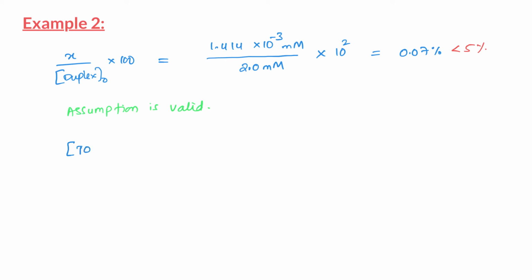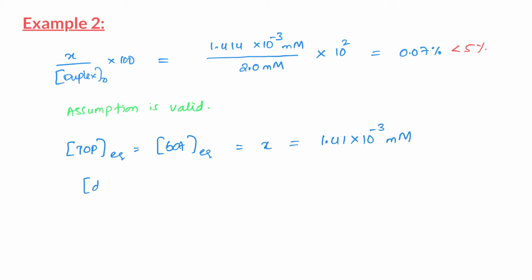So, from the reaction table, the equilibrium concentrations of top and bottom strand of DNA are equal to X, that is 1.41 times 10 to the minus 3 millimolar.